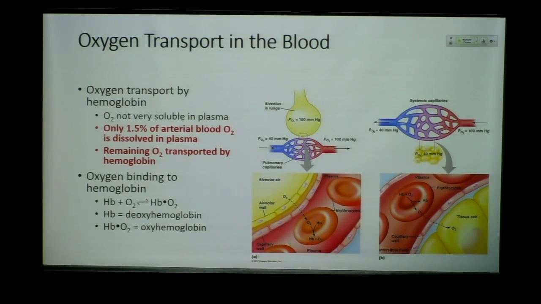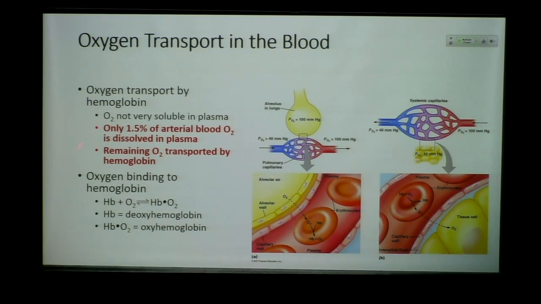So only 1.5% of our arterial blood has oxygen dissolved in it. This is so little that if we were to rely just on this amount alone, our cardiac output would have to increase about 50 times what it currently is in order to adequately oxygenate all of our tissue. So this is very insufficient in terms of the amount of oxygen that we need.